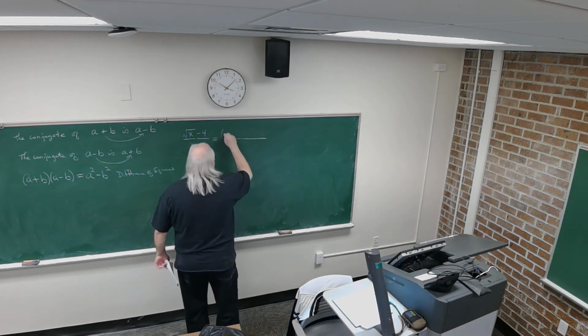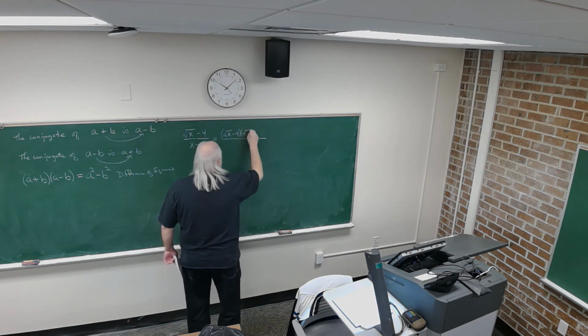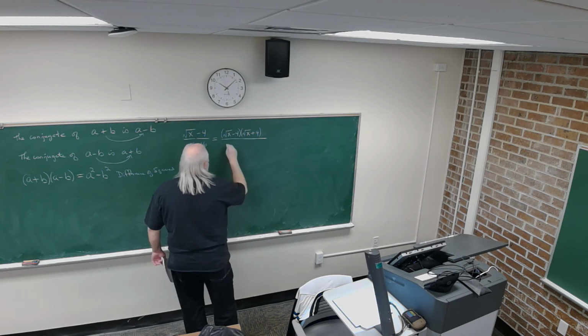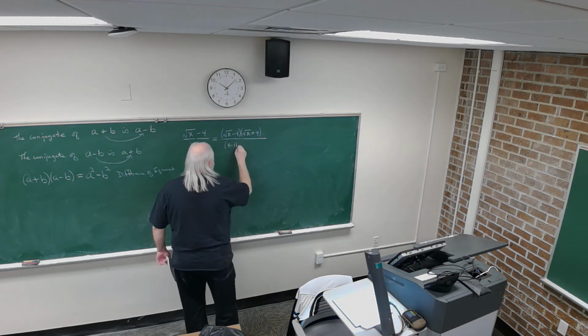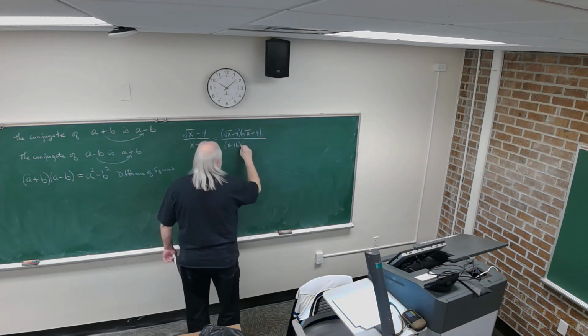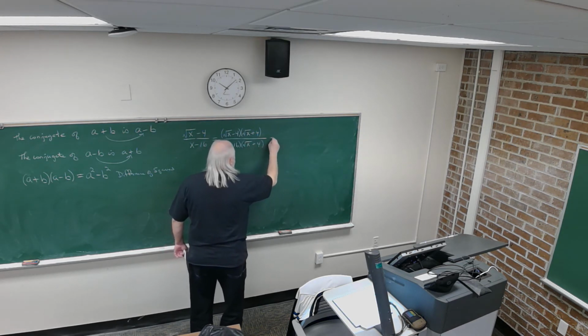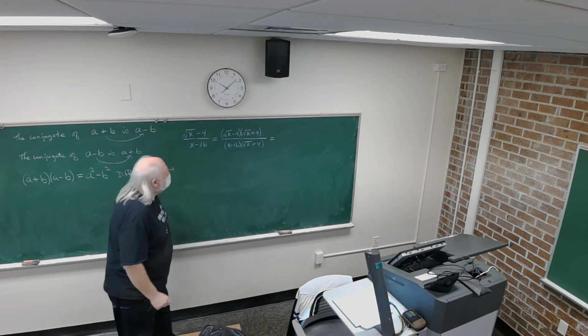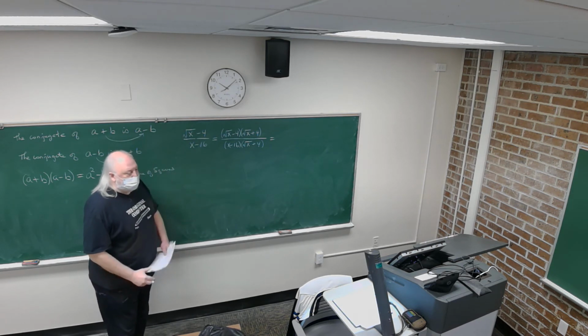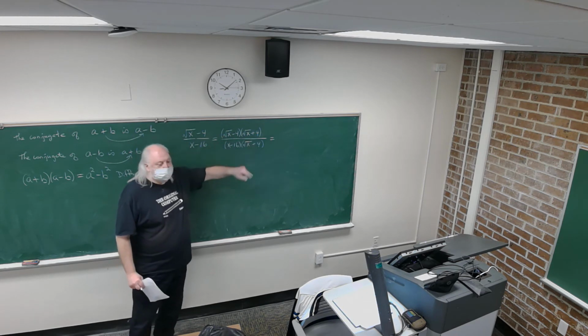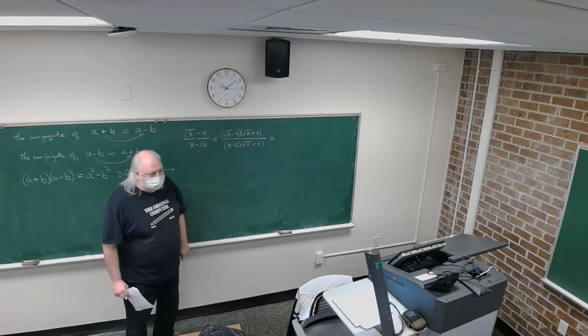So we have the square root of x minus 4 times the square root of x plus 4 in the numerator, and x minus 16 times the square root of x plus 4 in the denominator. So the conjugate of the square root of x minus 4 is the square root of x plus 4. That's what we multiply top and bottom by.